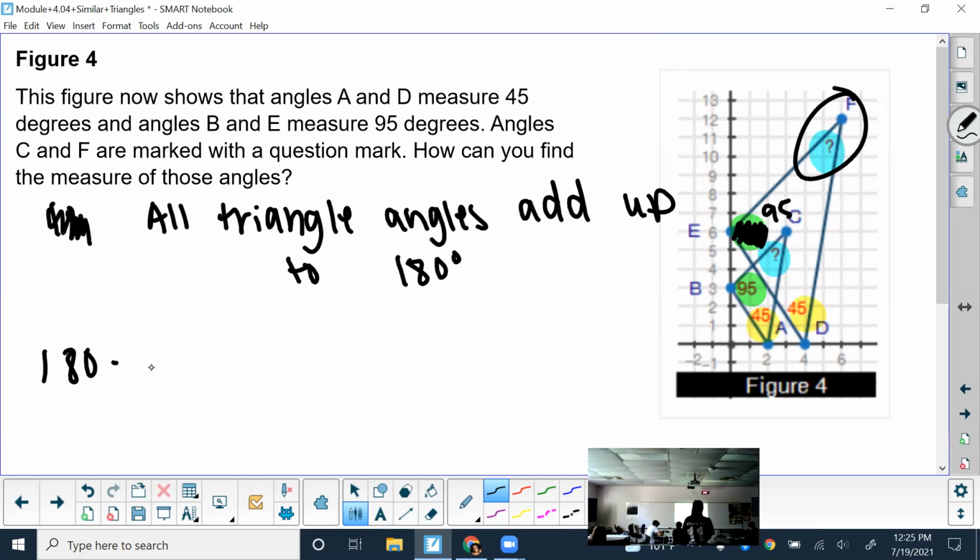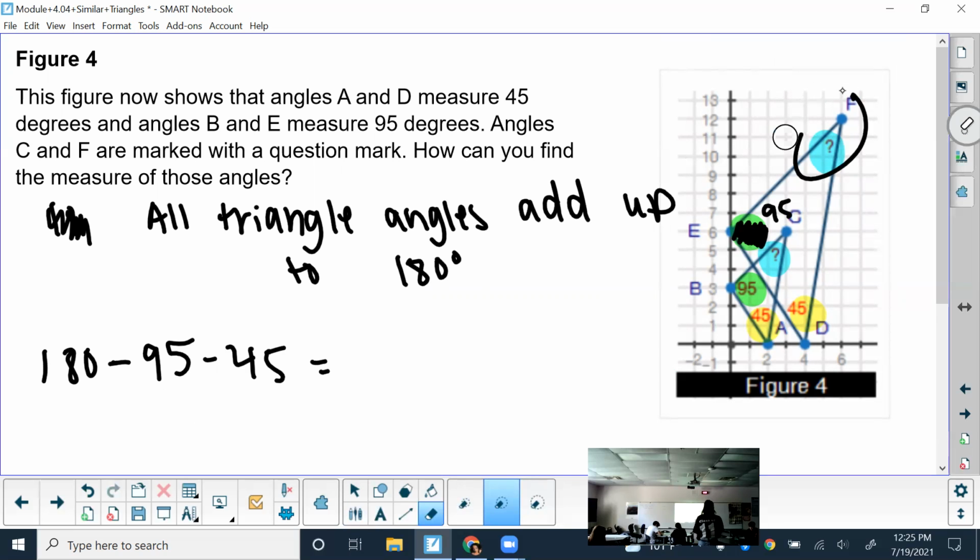Usually I just do 180 minus whatever angles are there. Just type that all up into my calculator. All right, so what is that missing angle?